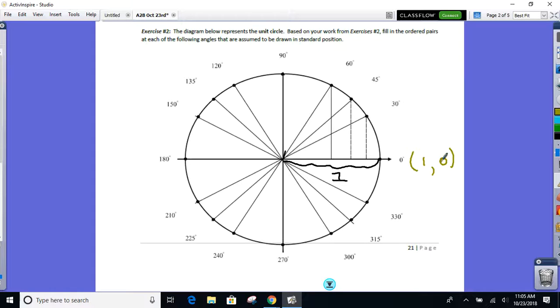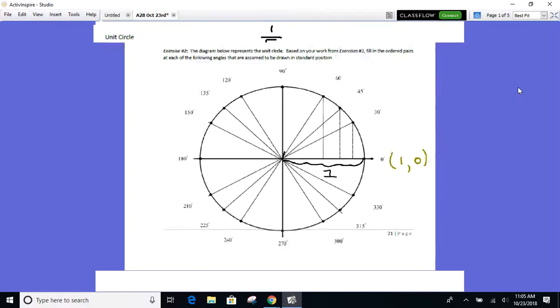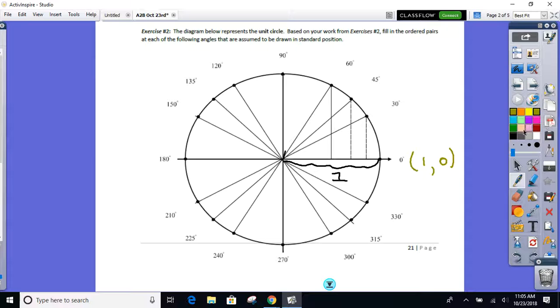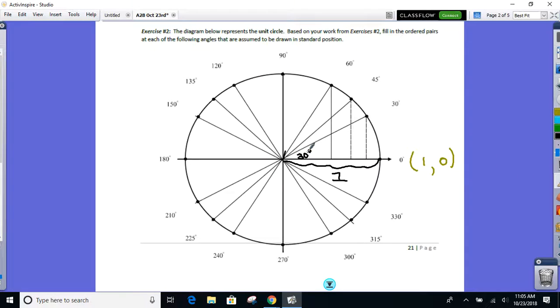Let's start with 30. How long is this one right here? That's your length of 1. Everyone agree? Length of 1. All right, so here's my 30. 30 degrees, that was a length of 1. Go back, look up above. What was across from the 30 degrees?